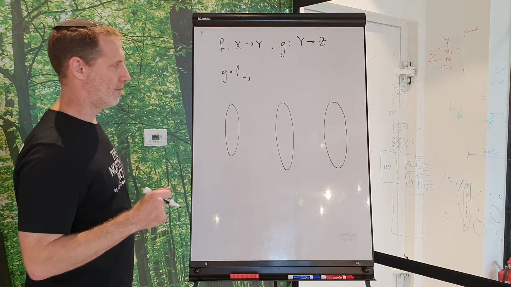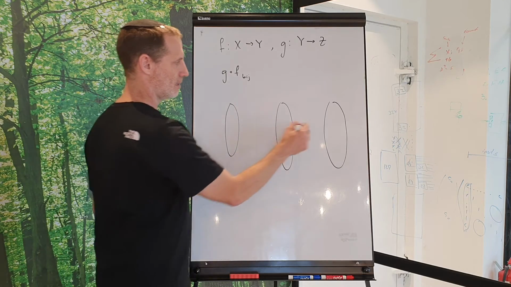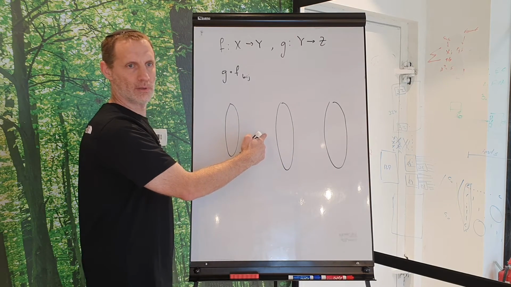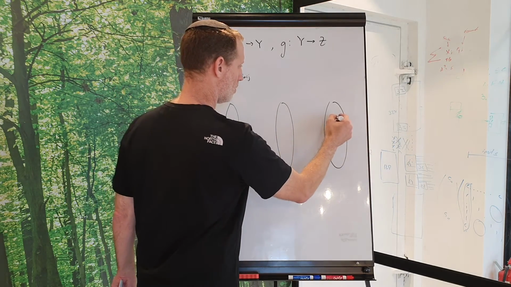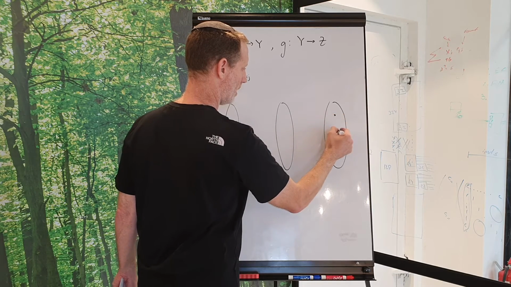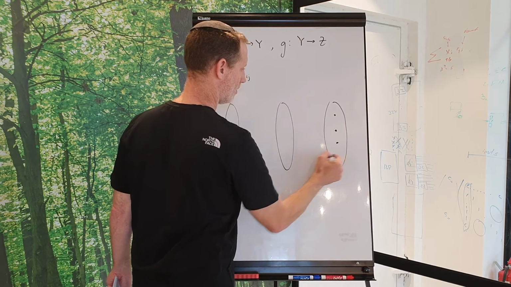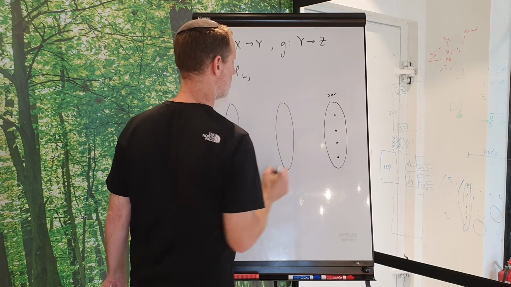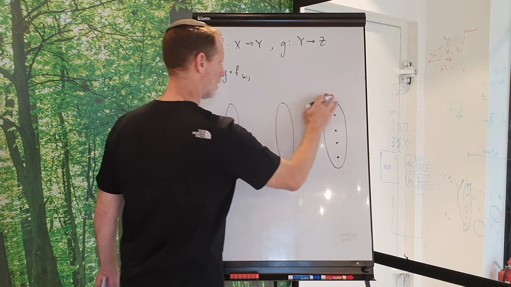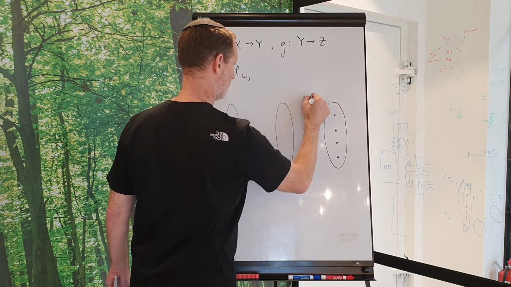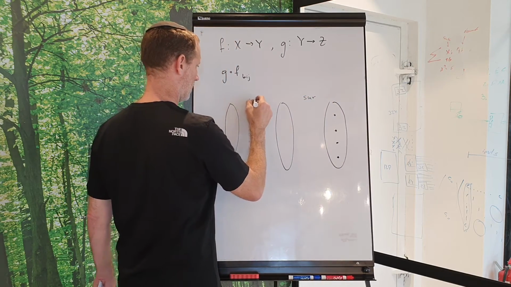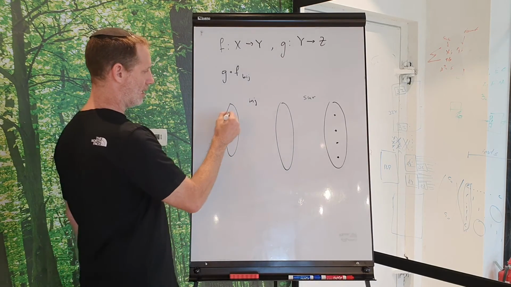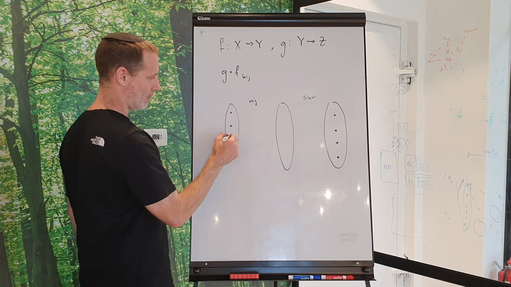That means immediately that this has to be surjective and this has to be injective, necessarily. So we need to have whole coverage here. Let's do it like this. And here we always need to start with everything.